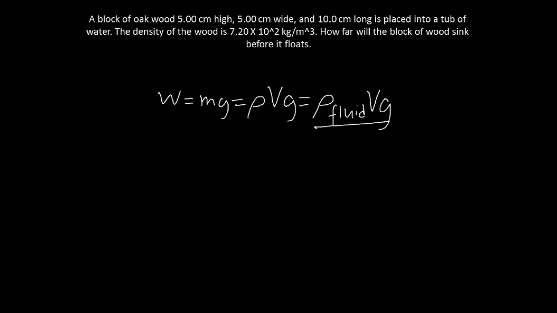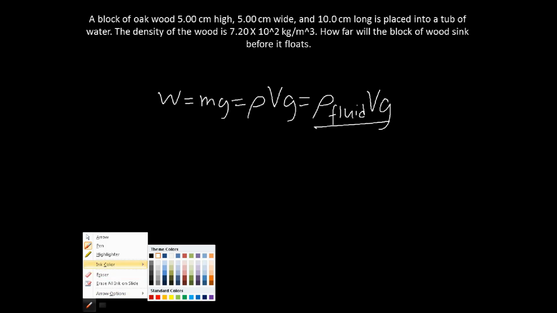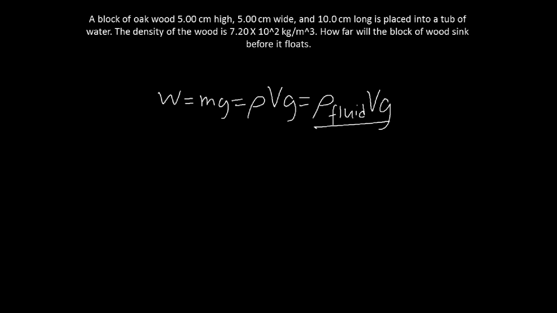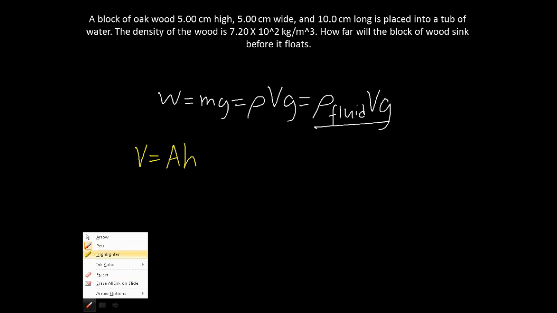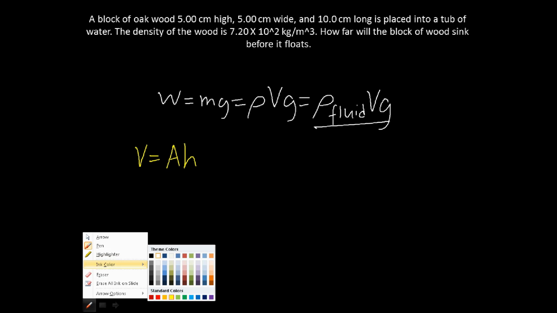The volume of the wooden block is given by this formula: V equals A times H. Thus, the weight of the wooden block can be computed in the following manner.